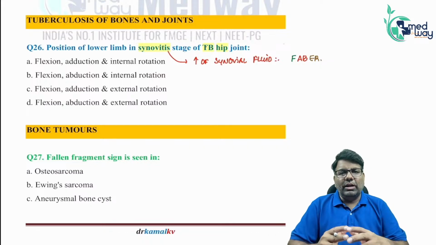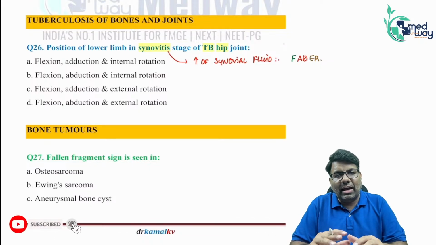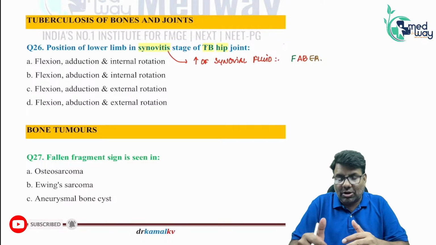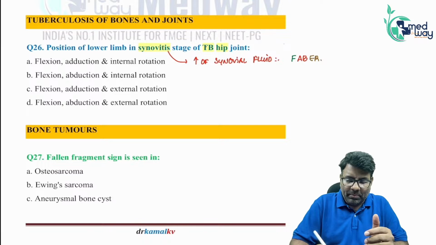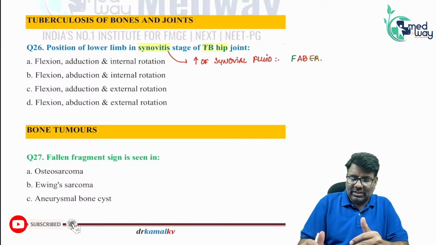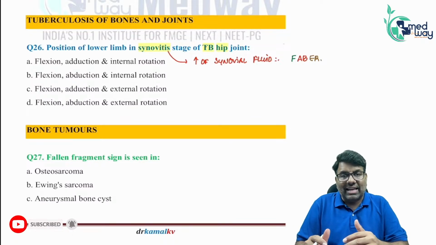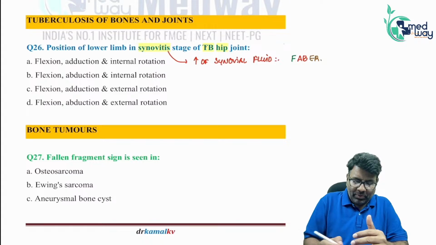If the hip joint is flexed, abducted, and externally rotated, it can accommodate a little larger amount of synovial fluid. So in this synovitis stage, we will see that the affected side hip is in FABER position. That is flexion, abduction, and external rotation.